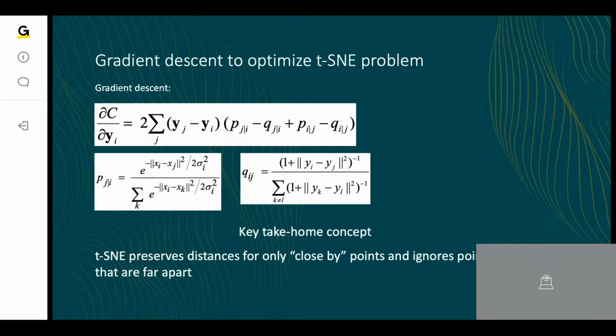Now, having done that, you carry out a gradient descent method to optimize for the TSNE problem overall. What you have to keep in mind in carrying out this optimization is that in the early stages, you add a little bit of Gaussian noise to map the points across, and then you gradually reduce the variance in this noise to help the optimization along.